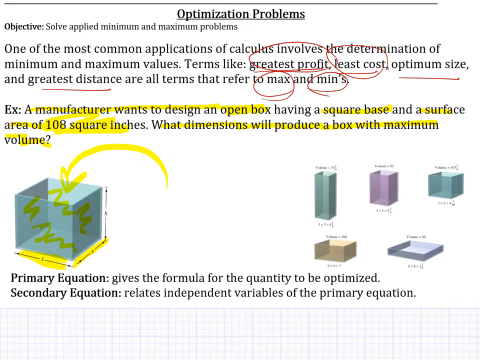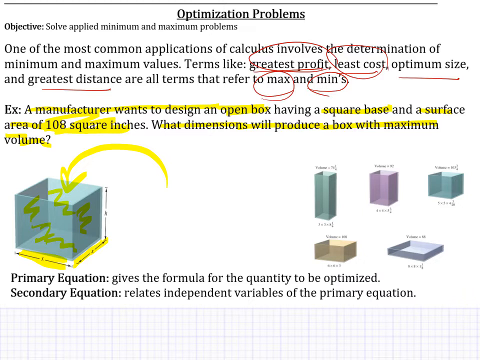This would be important from a business standpoint in that someone doesn't want to use all their money on the packaging of a product. So they decided that they are willing to spend a certain amount of money to have 108 square inches of cardboard for their box.